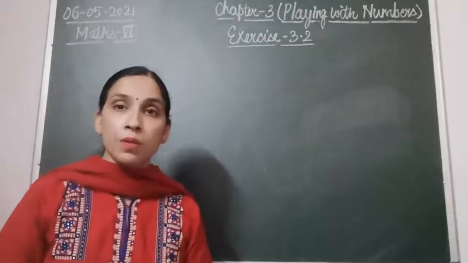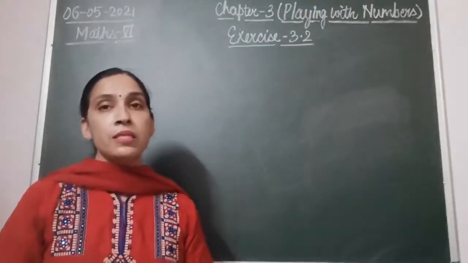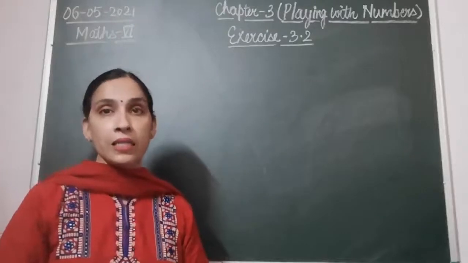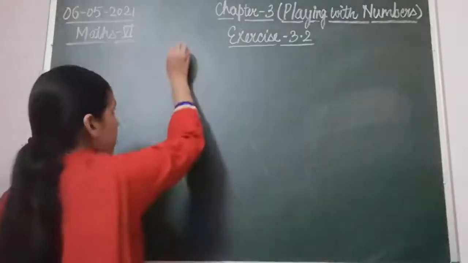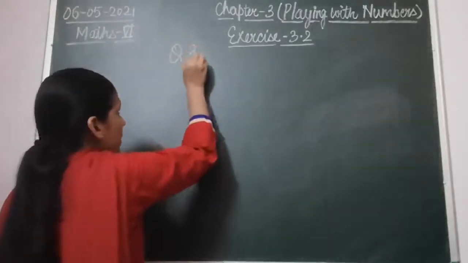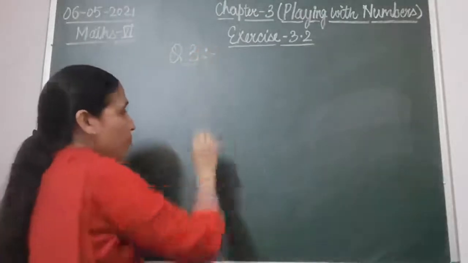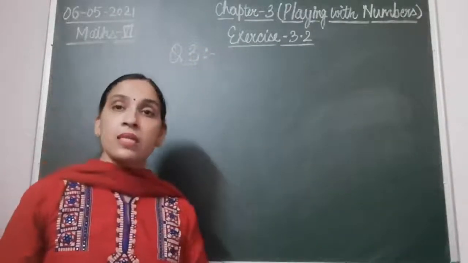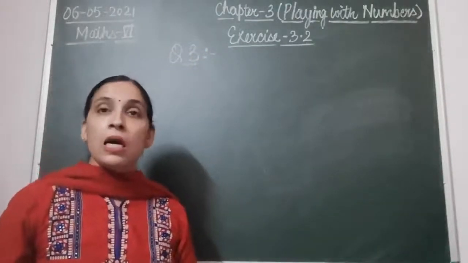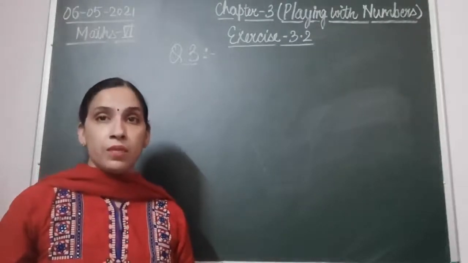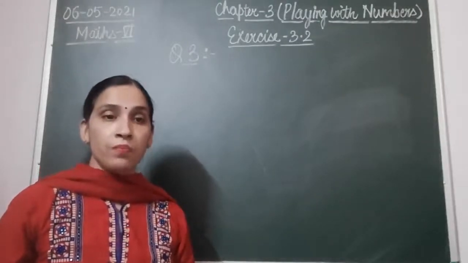What is question number 3? The numbers 13 and 31 are prime numbers. Yes, they are.